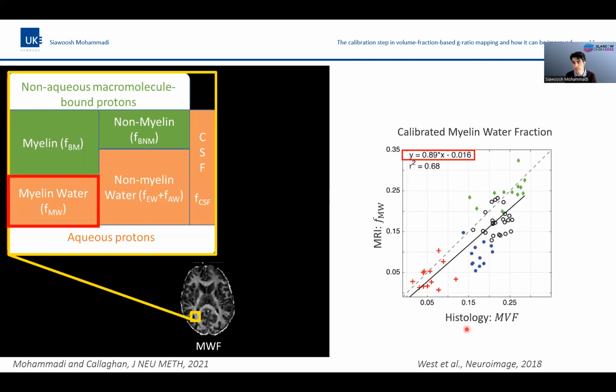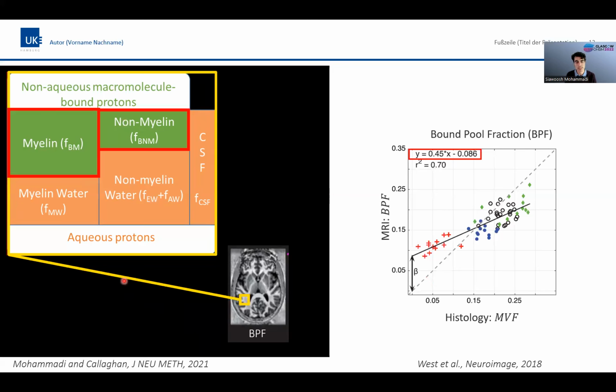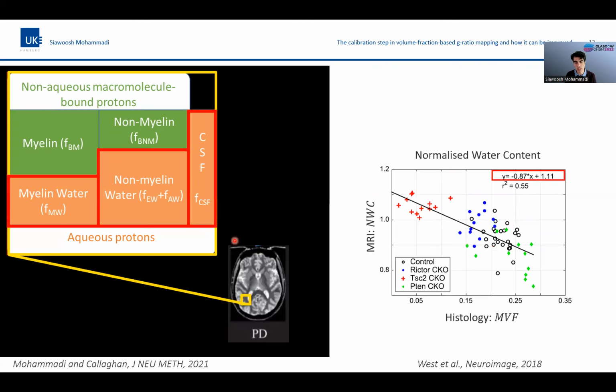The first method, the myelin water imaging method, estimates the water trapped between the myelin sheets and gives us a linear relation with a very small offset. The second method is the bound pool fraction, which has a larger offset, but also a nice linear relation. The third one is proton density imaging, which has a negative slope and a small offset.